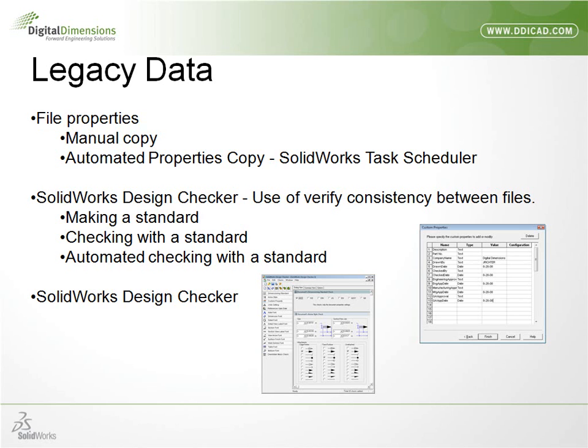In order to take the file properties from one part or one assembly or one drawing and moving it to another part, another assembly, or another drawing is a matter of copy paste. The reason though that I want to talk about it is it's a little tricky. It looks like it doesn't work, but then you got to keep going until you realize that it is working.